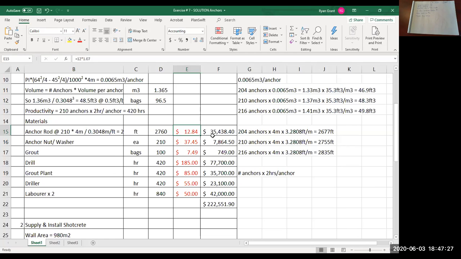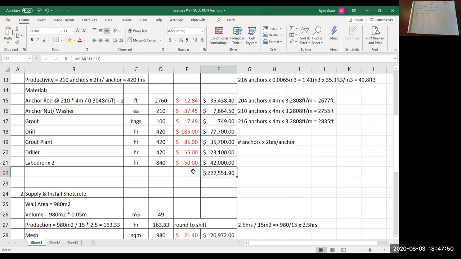So if you extended all those, with all your quantities here and your unit rates, you could extend those out to get all these dollar amounts. Again, depending on your total anchors that you calculated, your number should have been around 220,000, give or take a couple thousand. Part of the question was providing an anchor cost per lineal foot.